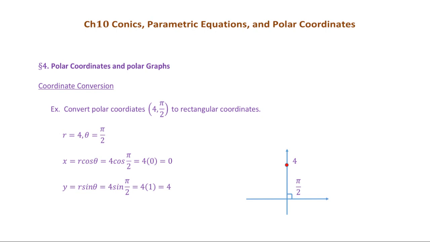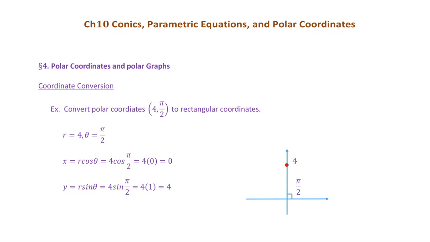Okay, let's just do some simple examples. For example, how do we convert the polar coordinates 4, pi over 2 to rectangular coordinates? So obviously 4, pi over 2 are polar coordinates in here. So r equal to 4 and theta equal to pi over 2. So we just use the formula x equal to r times cosine theta to get the x coordinate in the rectangular coordinates.